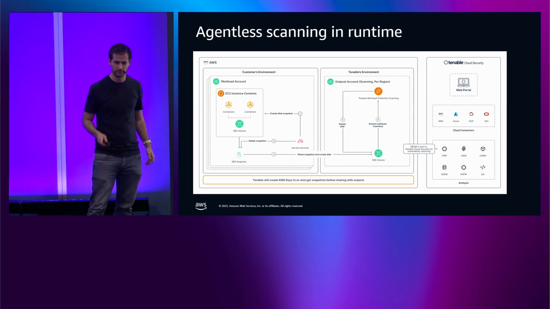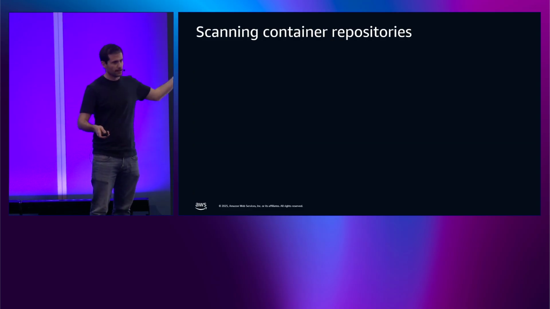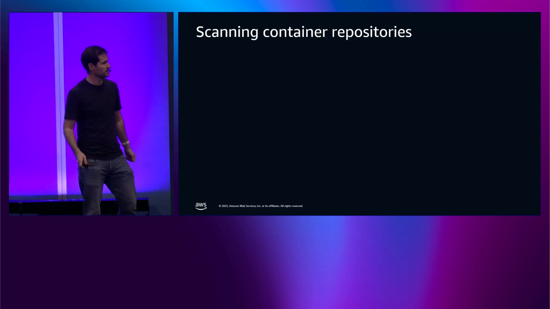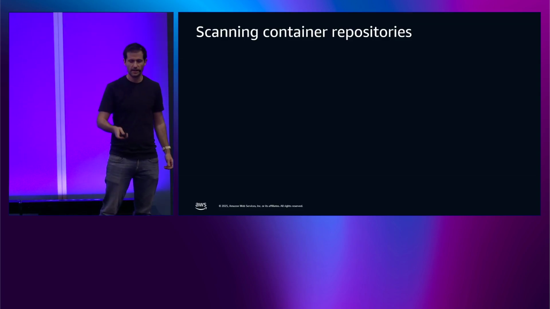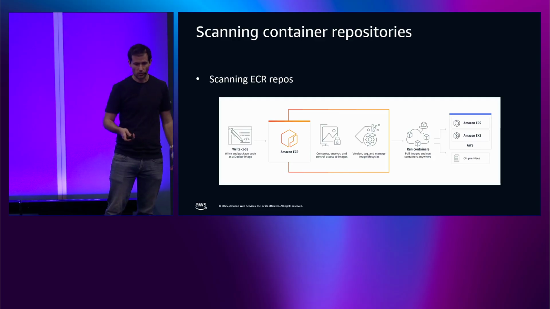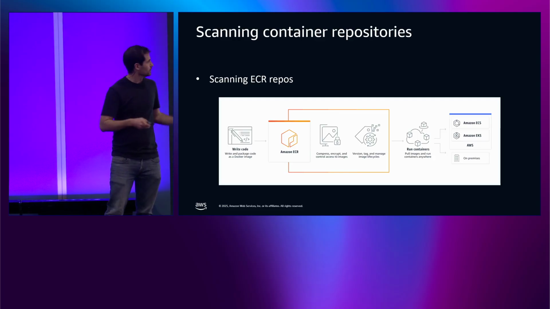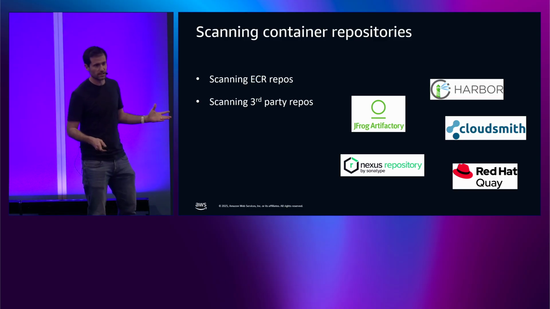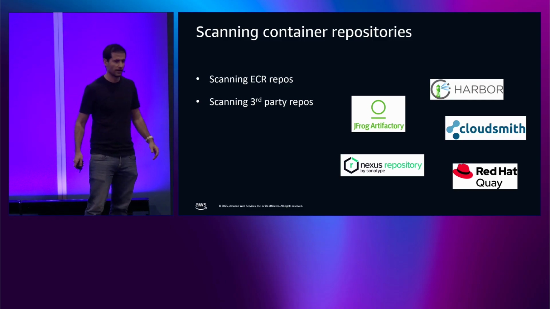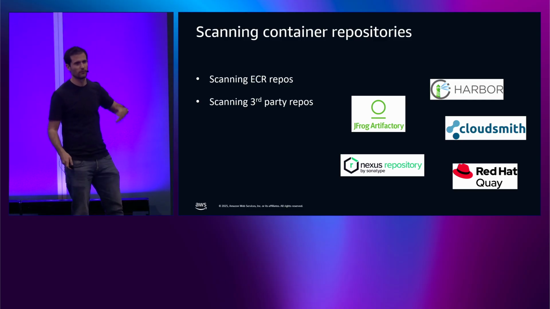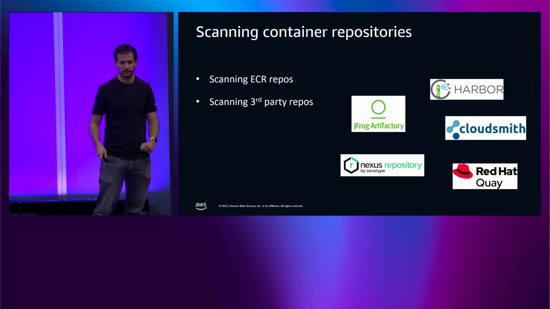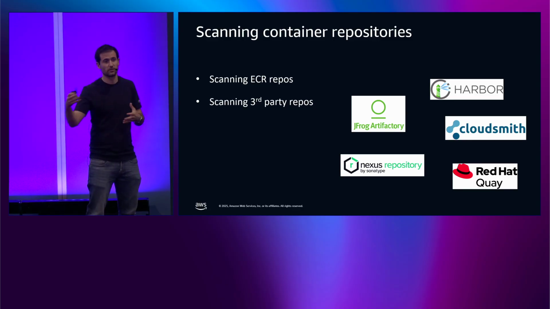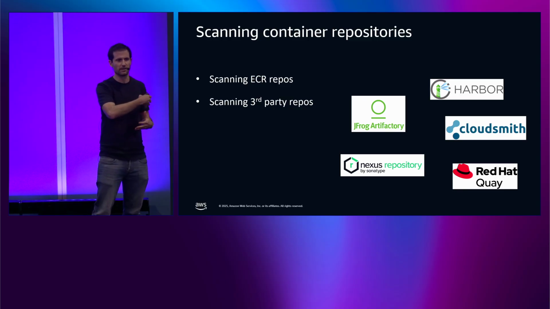On top of doing the runtime analysis, we connect to your container image registries, and we analyze them. So with the cloud connector, we can scan ECR repositories, but we don't stop there. We can also connect to third-party repos. You can connect us there, provide the relevant permissions, and we can read the images from there, but also correlate them to what we found at runtime.